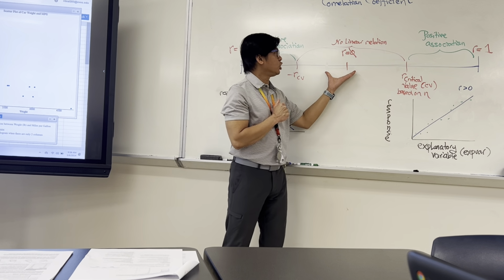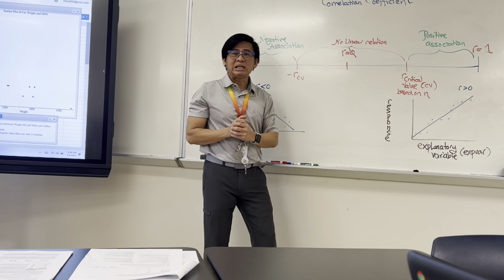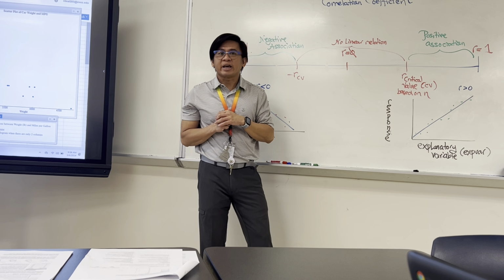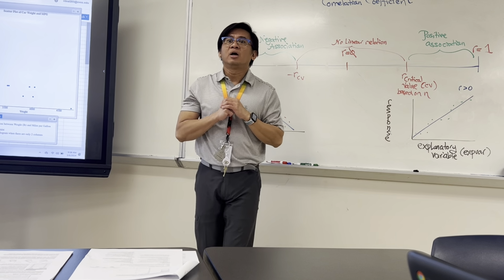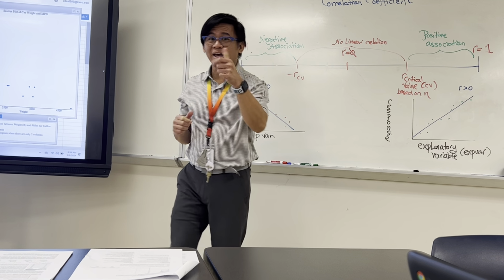Other than that, you can say that there's either a moderate correlation or no linear relation at all. Who knows? It might be an exponential or a quadratic correlation, actually. Are we good, guys? All right. Thank you.